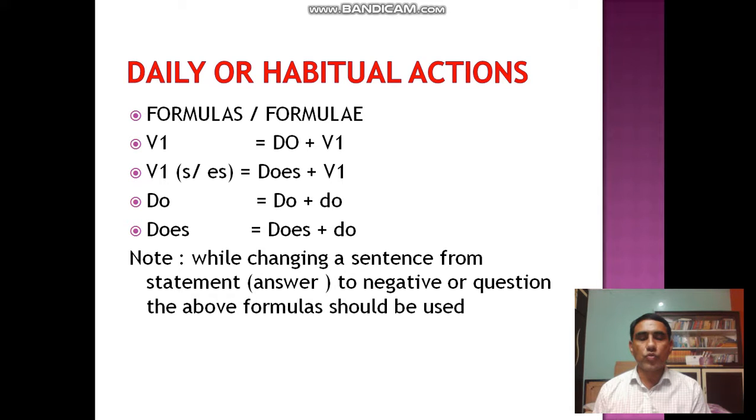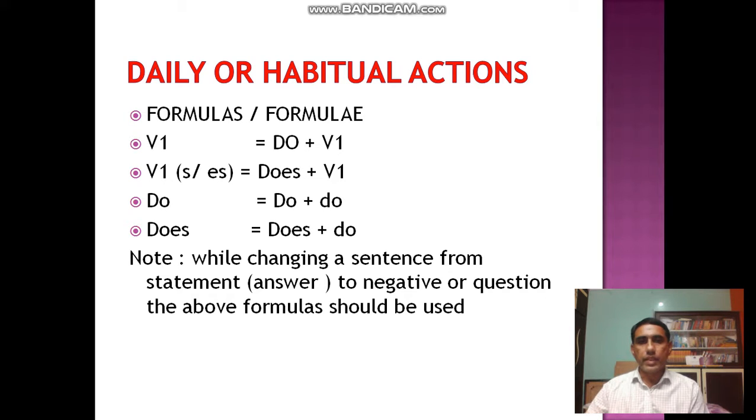Be forms, do forms, have forms. Be forms. Let us recap. Is, am, are, was, were. Do forms. Do, does, did. Have forms. Have, has, had.